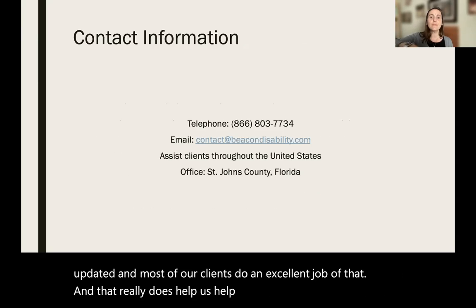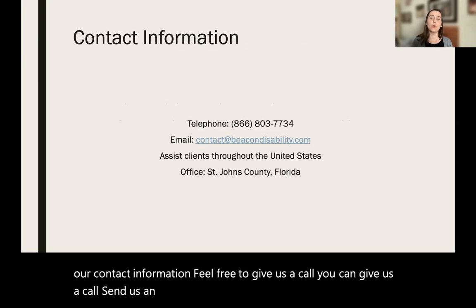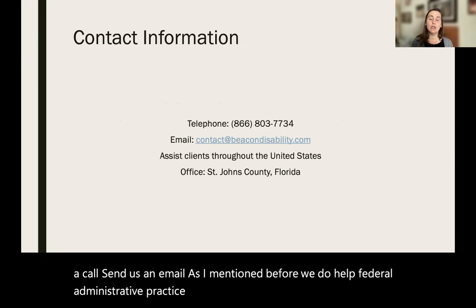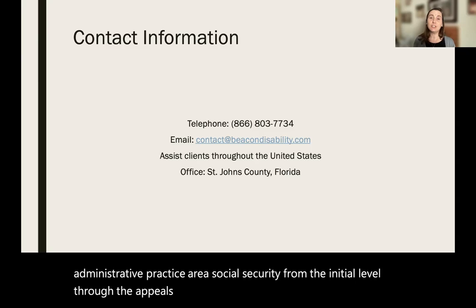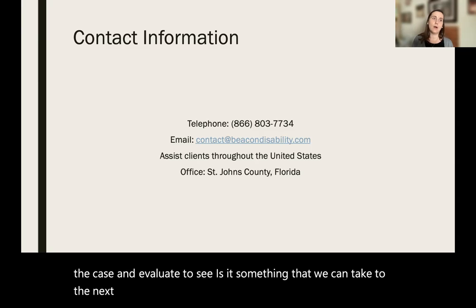Okay. So as promised, here's our contact information. Feel free to give us a call or send us an email. As I mentioned before, we help in the federal administrative practice area, Social Security, from the initial level through the appeals council. With each appeal, we review the case and evaluate whether it's something we can take to the next step or not.